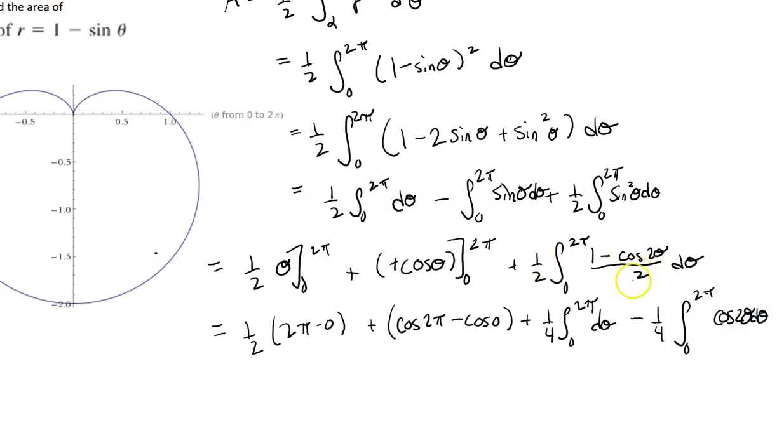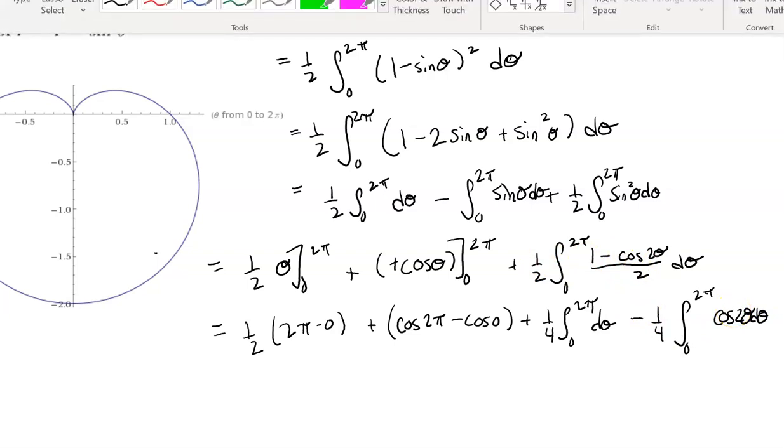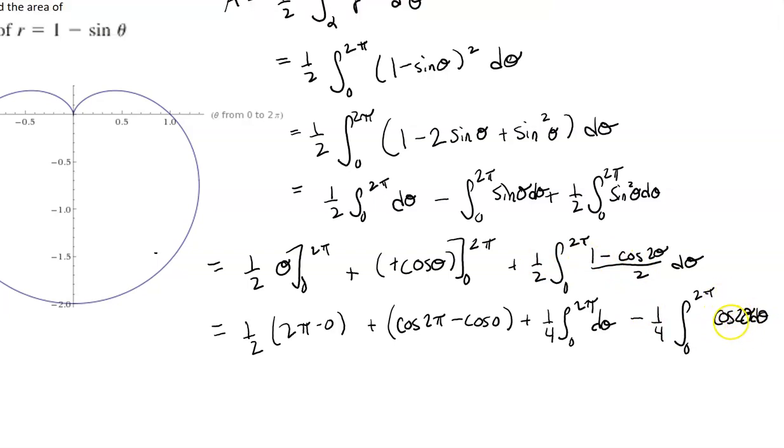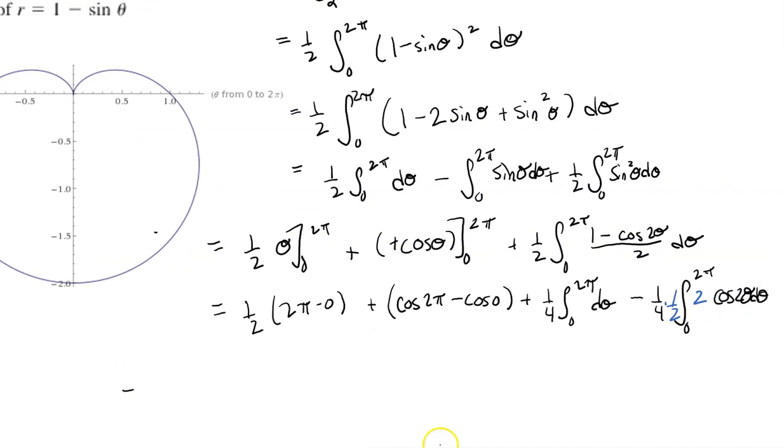And that's just bringing that 1/2 out and then turning it into the cosine of 2 theta. So of course we need a 2 to accommodate that u equals 2 theta. So I'll multiply by 1/2. Hopefully that's becoming familiar. We've done that enough times in this video.